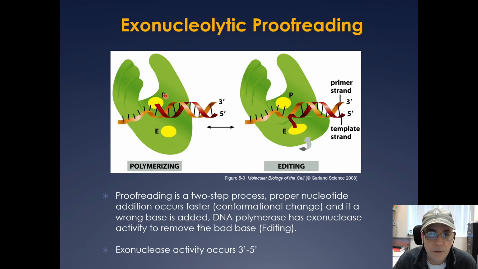Here you have the enzyme, the DNA polymerase adding a nucleotide, and if it's put in the wrong base, it flips out to an editing site where the exonuclease activity removes the wrong base and the other base can be put in. Once again, the exonuclease activity occurs in just the 3' to 5' direction.